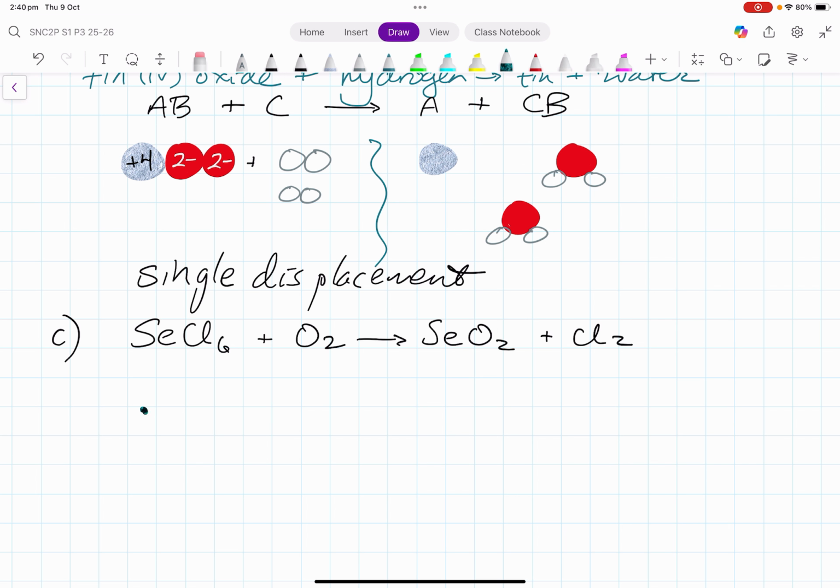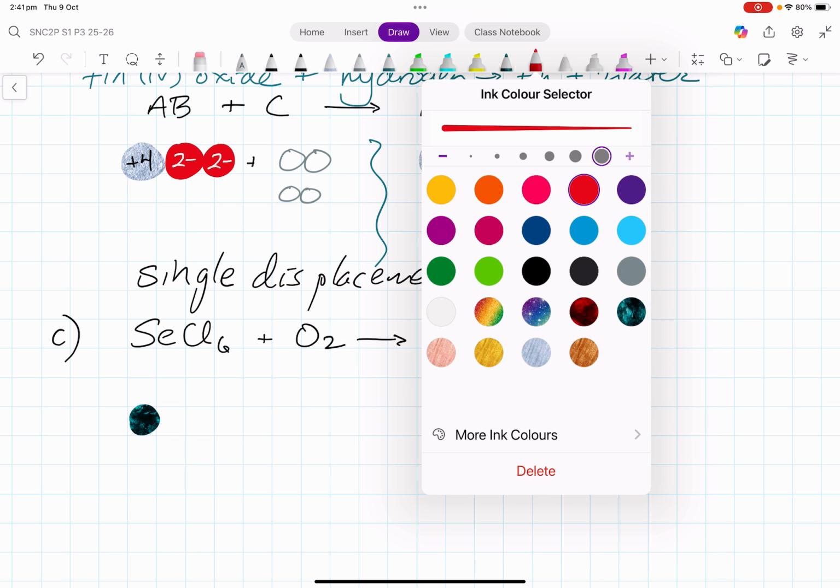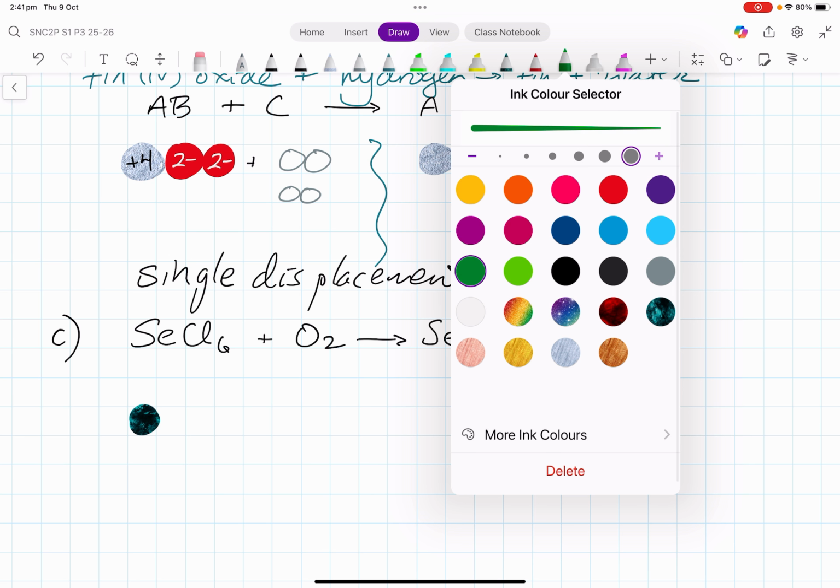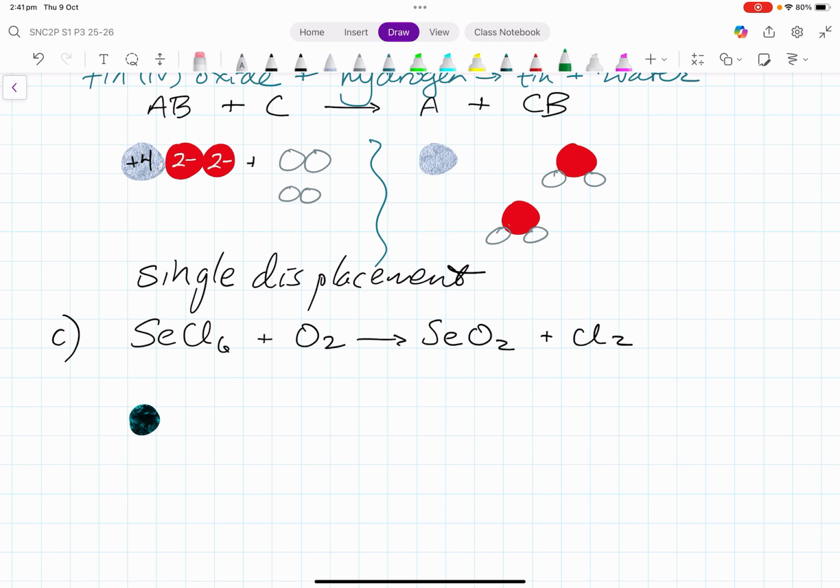Okay. And chloride is usually done in green. No, we need a red for oxygen. And let's do green. Okay. 6. How do I want to lay these guys out? Well, you can just go straight across. That's cool. Right? You don't have to do anything fancy.